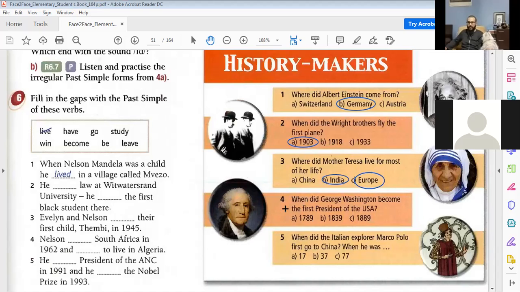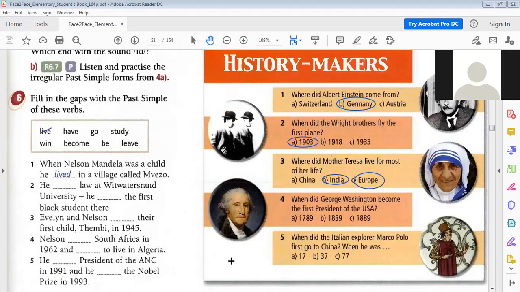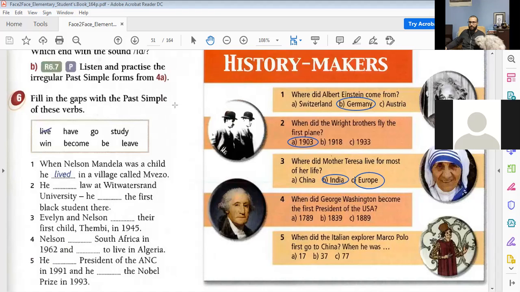Okay. And here, number four, this is George Washington, right? So when did he become the first president of the United States? Who can guess? Is it 1781, or 1839, or 1889? The first president of the United States. What do you think?